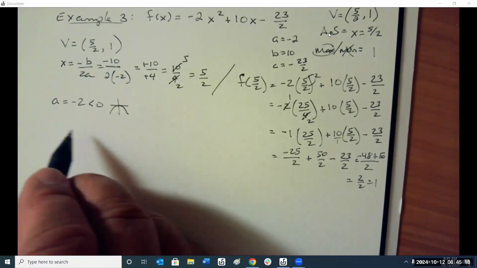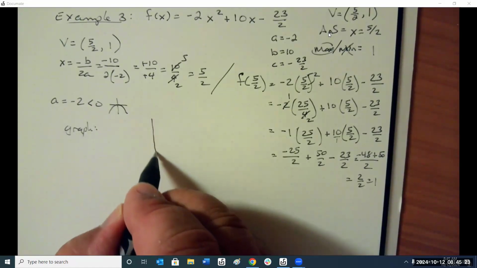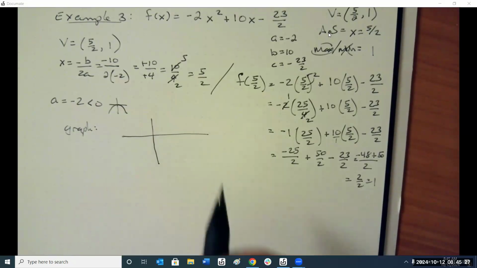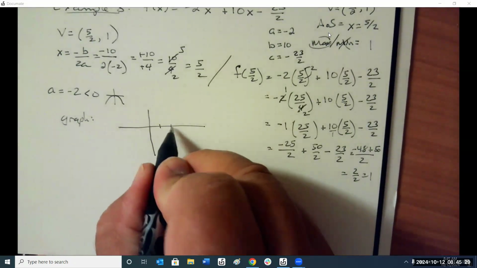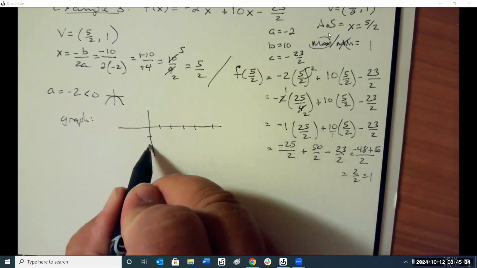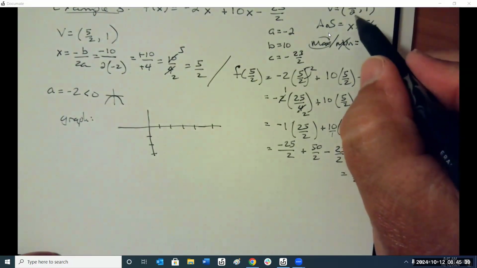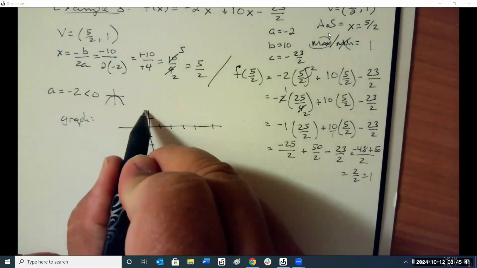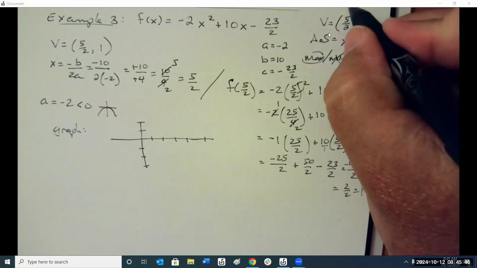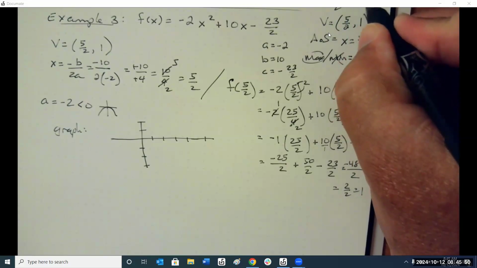So for the graph of this one, since it opens down, the vertex is at 5 over 2. 5 over 2 is the same thing as 2 and 1/2.